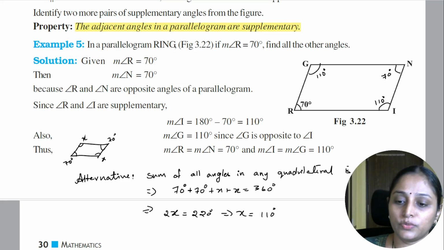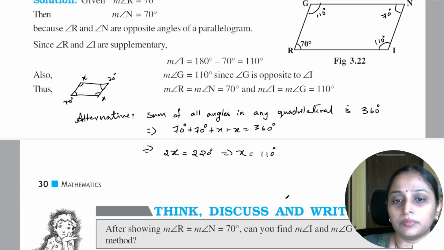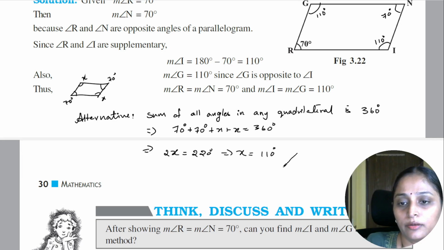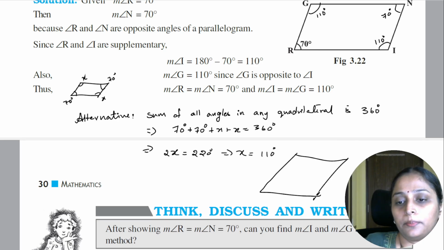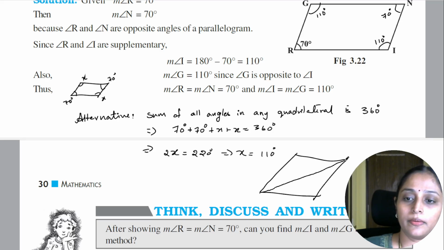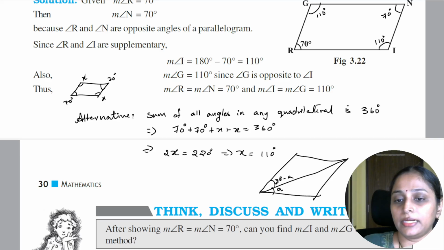There is another way as well, which is actually very similar to this, but if you're not comfortable with 360, let me draw the figure again. This is my parallelogram, right? Join this diagonal. If this is, let's say, A, this is 70 minus A, right? Because this entire angle is 70. Now, if this is A, I know that this is A, interior opposite angles.